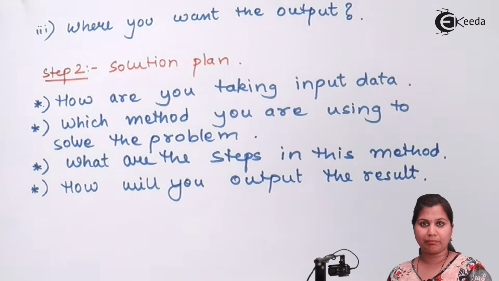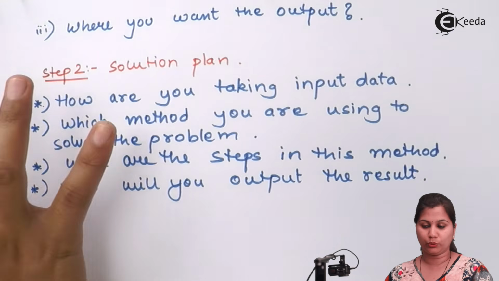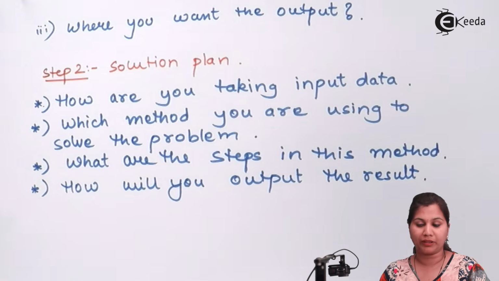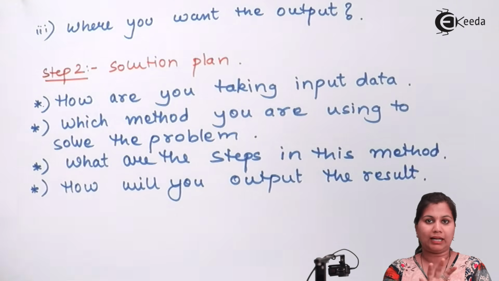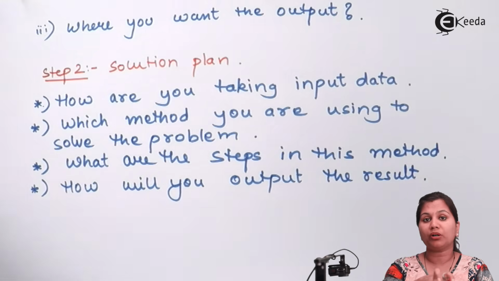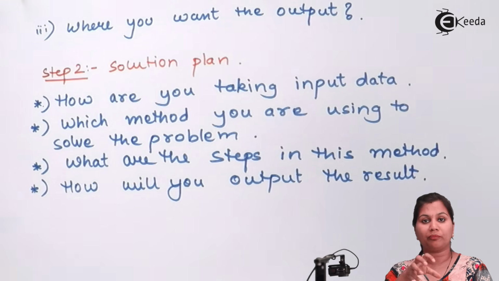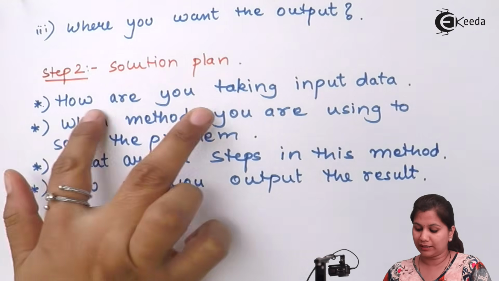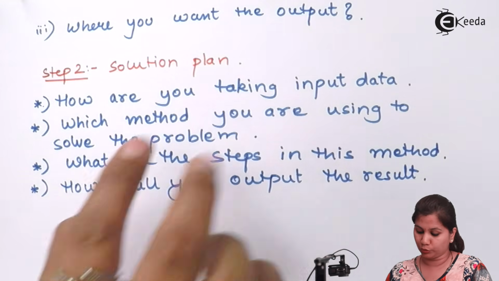So in this step number 2, first thing you will do is how are you taking the input data. In first step, you know that our input data is stored in the register or it is stored in the memory location. Now, how you are going to take that data from that register and from the memory location? So that you will decide in step number 2.